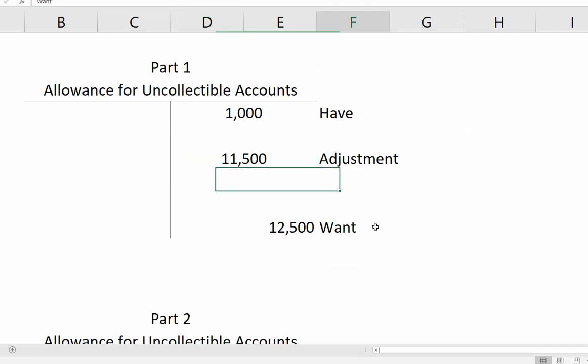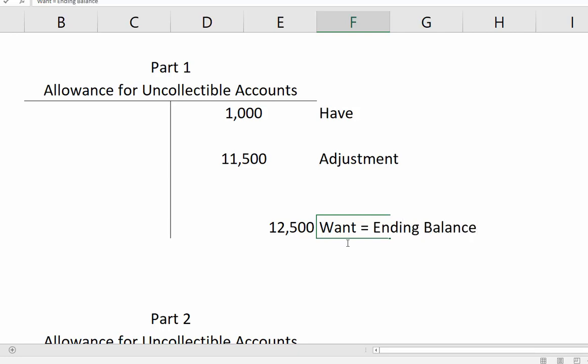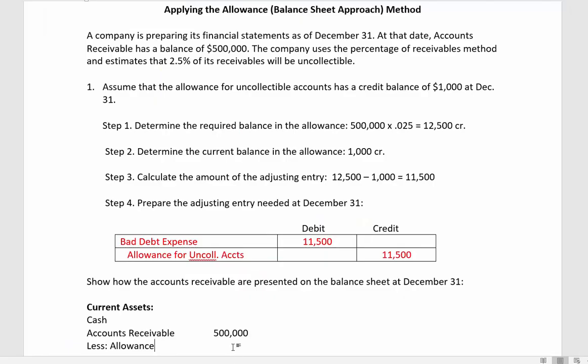That's our ending balance, so what we want is equal to the ending balance. So our allowance is $12,500. So the net realizable value of our receivables here is $487,500. Net realizable value, the amount we expect to collect.